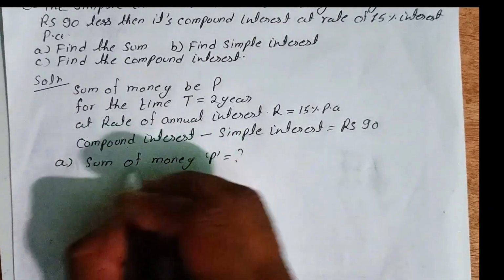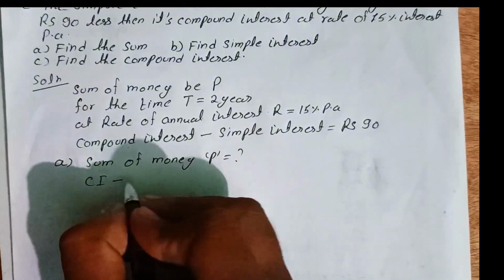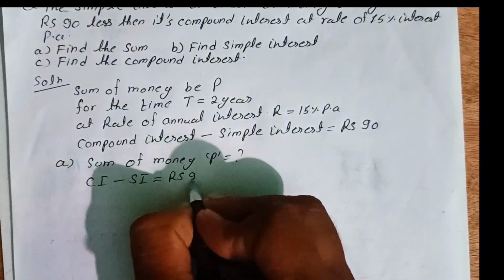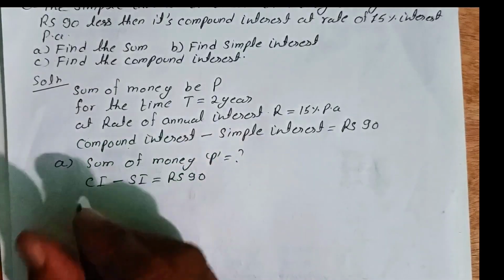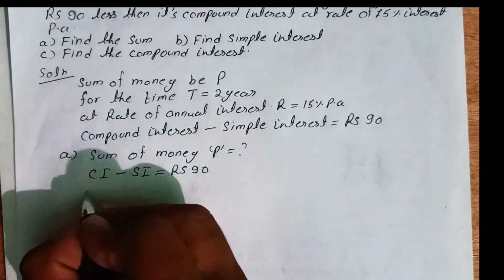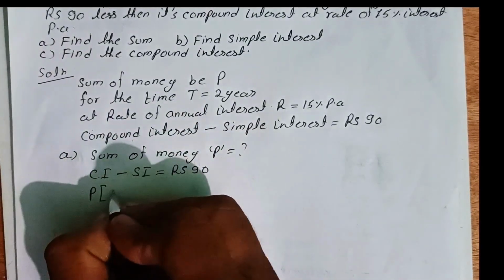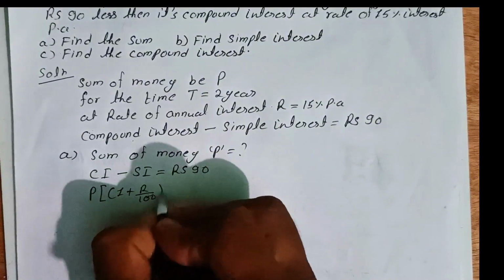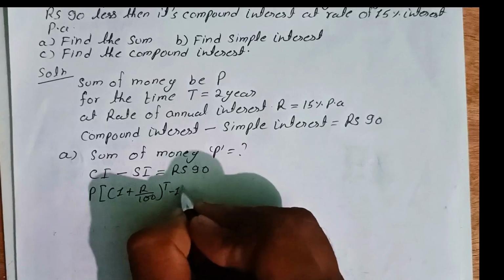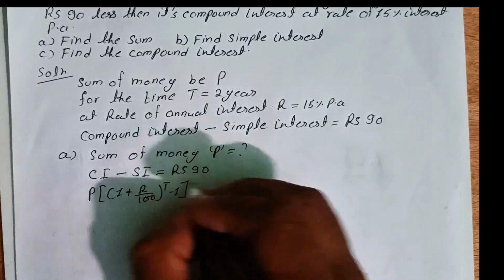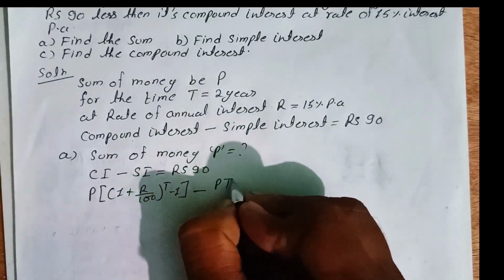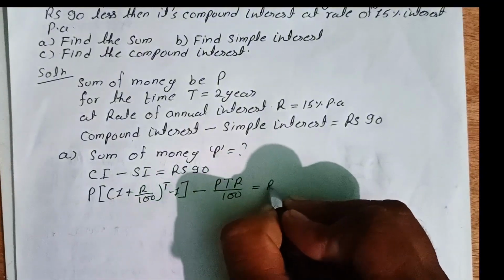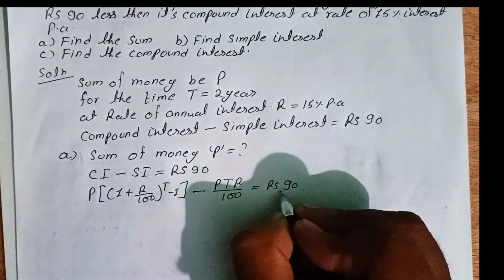So from the given condition, CI minus SI is equal to Rs 90, and the formula of compound interest is P bracket 1 plus R upon 100 to the power T minus 1, minus the simple interest, which is PTR upon 100, that is equal to Rs 90.